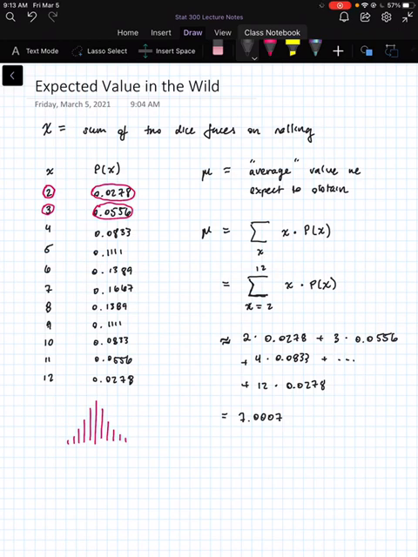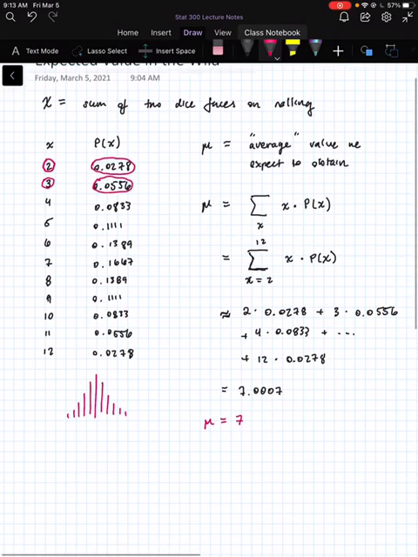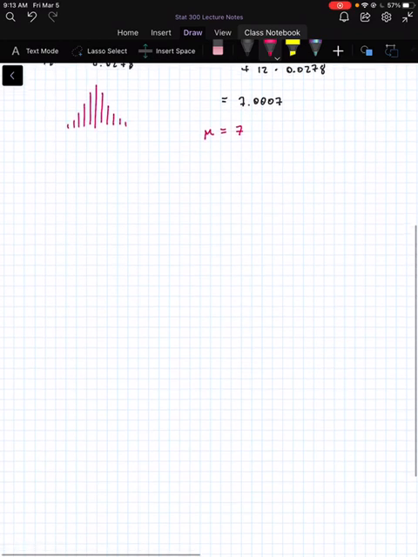And if we had calculated this directly, we would get that mu is exactly equal to 7. So that's how we would carry out this calculation, and it takes the same format every time.